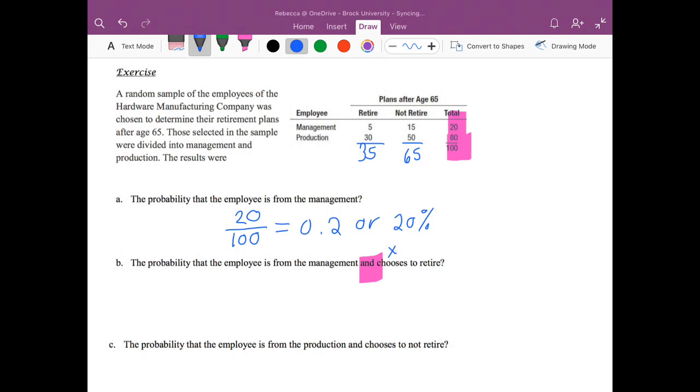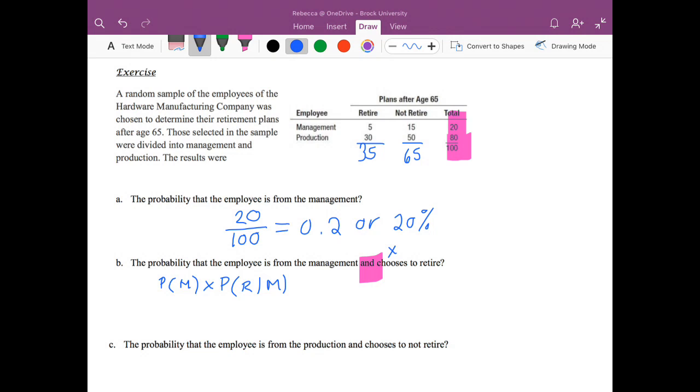So I'm going to find the probability that they're from management times the probability that they're choosing to retire given that they're from management. Remember, a multiplication tells us we have to multiply the first one times the second option given that that first option happened.